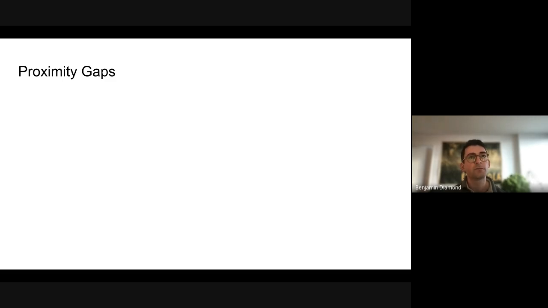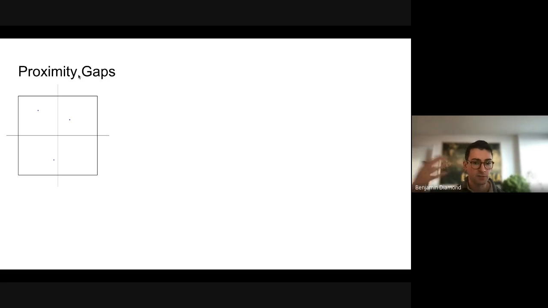So our result is about a phenomenon called proximity gaps, which sits on top of coding theory, but is really a canonical coding theoretic phenomenon. Here's a very abstracted code. This box is the word space, and these 3 dots are the code words.